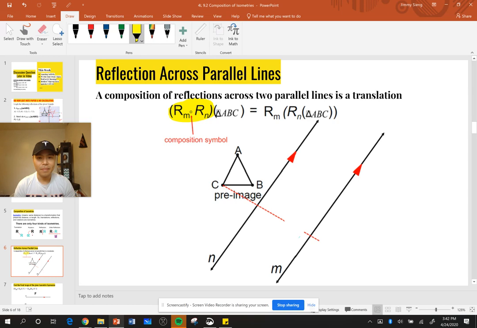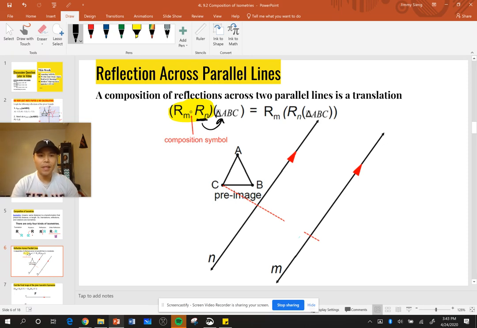But to do that, we first need to understand the notation of it. When I'm reflecting, again, we're going to do 2 reflections. Here we got 2 lines, N and M, right? What I'm going to do is say RN goes first, because technically what this means is RM of RN.